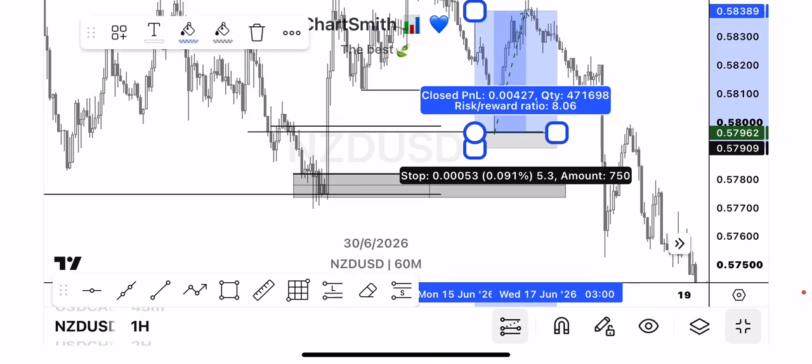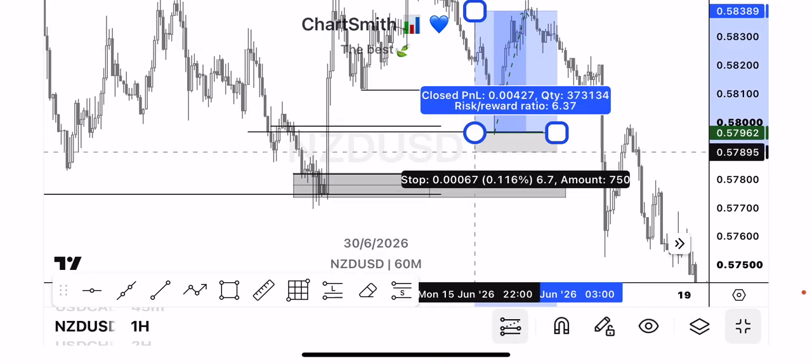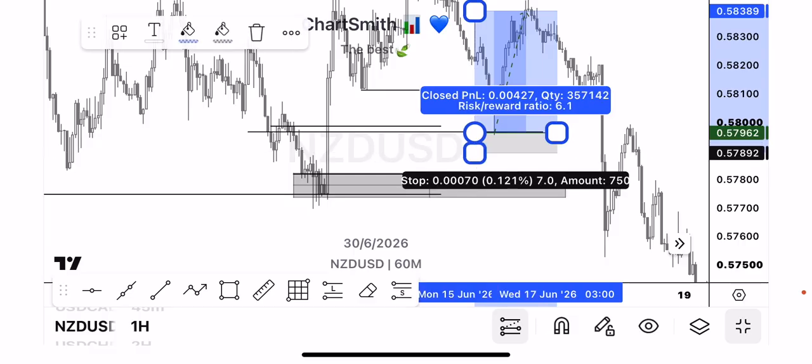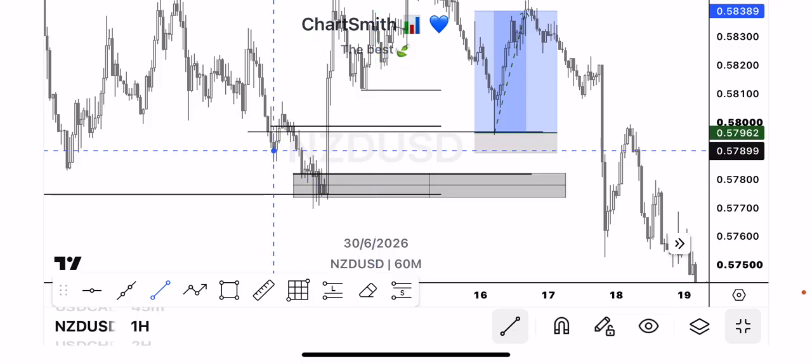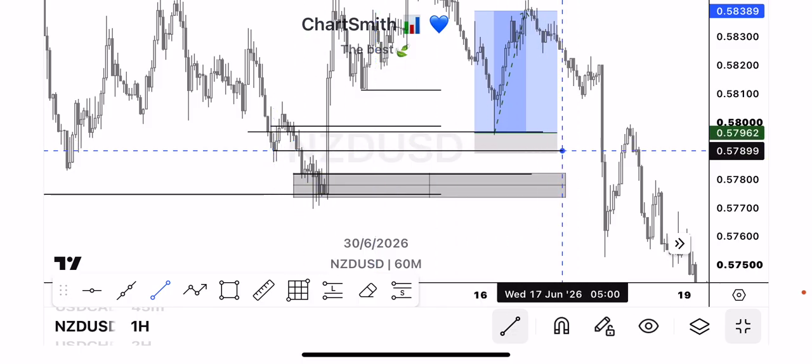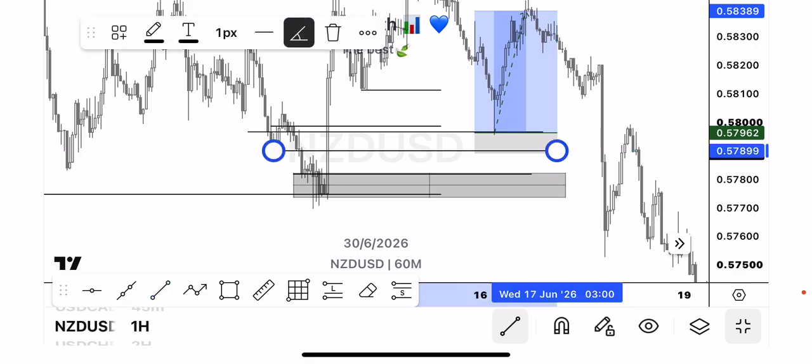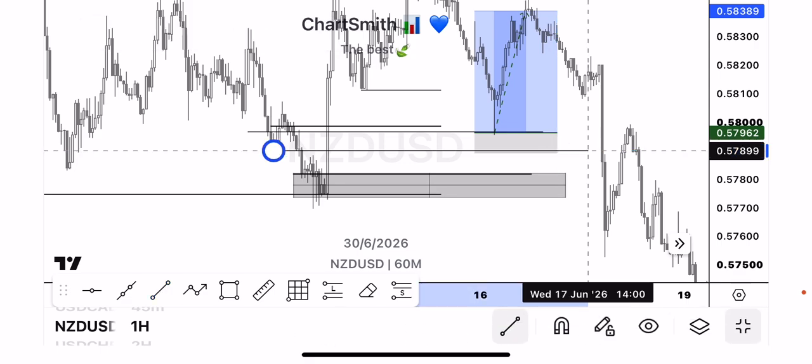For me, I just used the base of this other V-shaped key level. I don't know if you can see it, this zone, the V-shaped key level. I just placed my stop loss slightly below that zone.